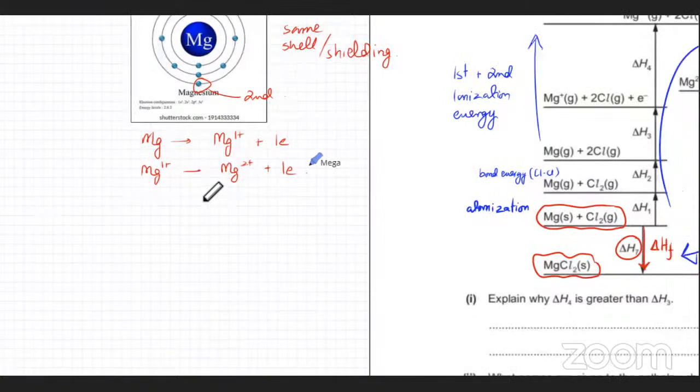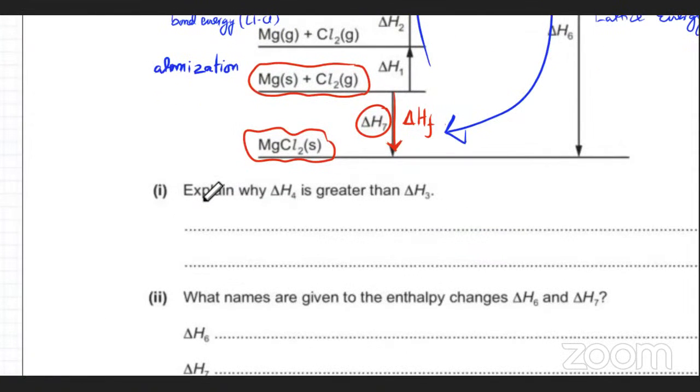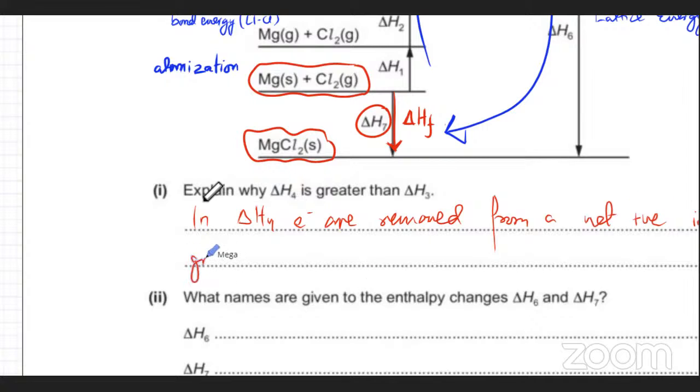So you're going to state over here that in delta H4, electrons are removed from a net positive ion, which leads to greater attraction for electrons because now it's positively charged.